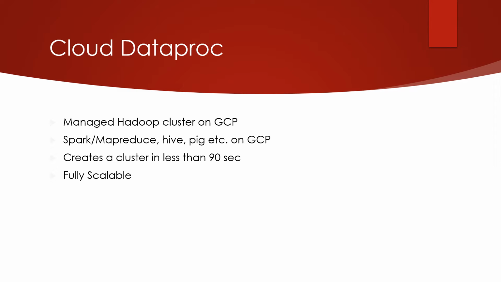The first and foremost basic service in the Google Cloud Platform for big data is Cloud Dataproc. This is a fully managed Hadoop cluster which is available in GCP. So we can run our Spark, MapReduce, Hive or Pig workloads on this Dataproc service.